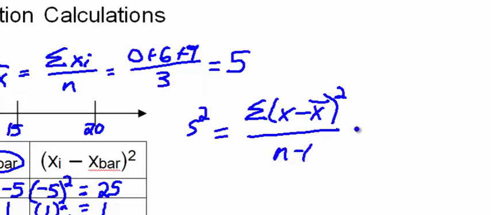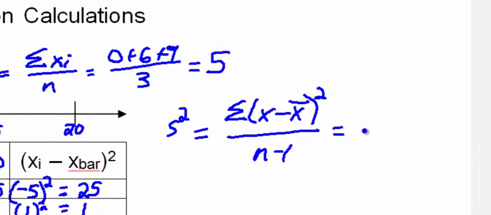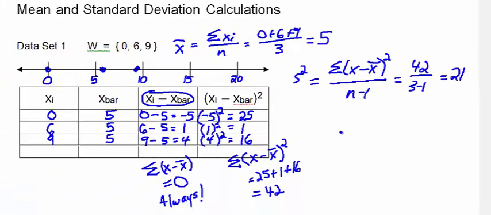So in this case, the variance for this problem would be 42 divided by 3 minus 1, which is 2. 42 divided by 2 is 21. So the sample variance for this data set is 21.